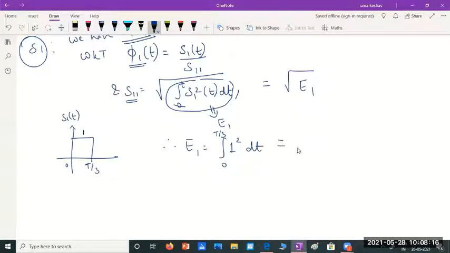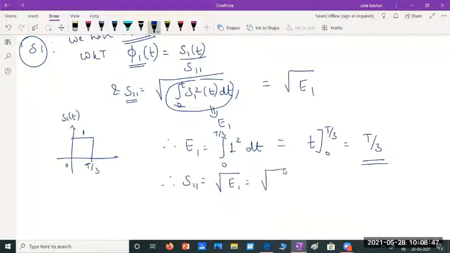So what would this value turn out to be? 1 squared is 1, so the integral of dt, applying the limits 0 to T by 3, turns out to be T by 3. So the energy in the signal S1 is T by 3. Therefore, S11 is root of E1, which is root of T by 3. Remember, I have found the first coefficient S11.